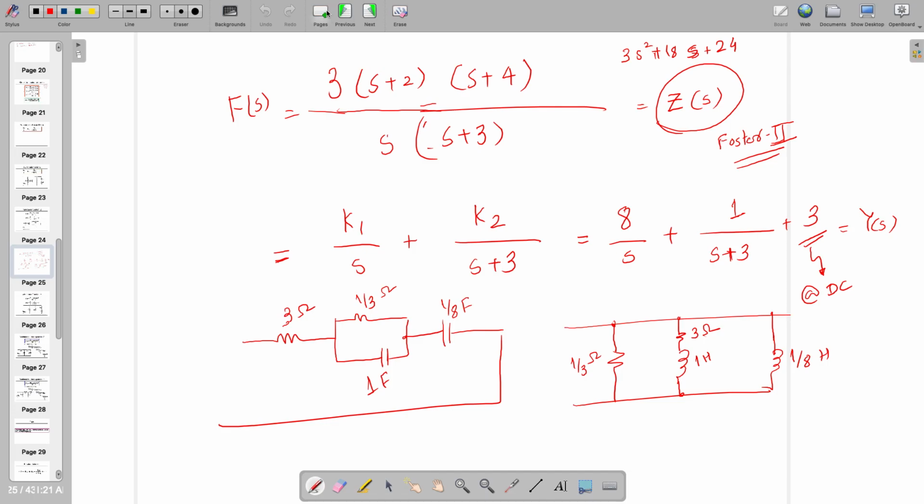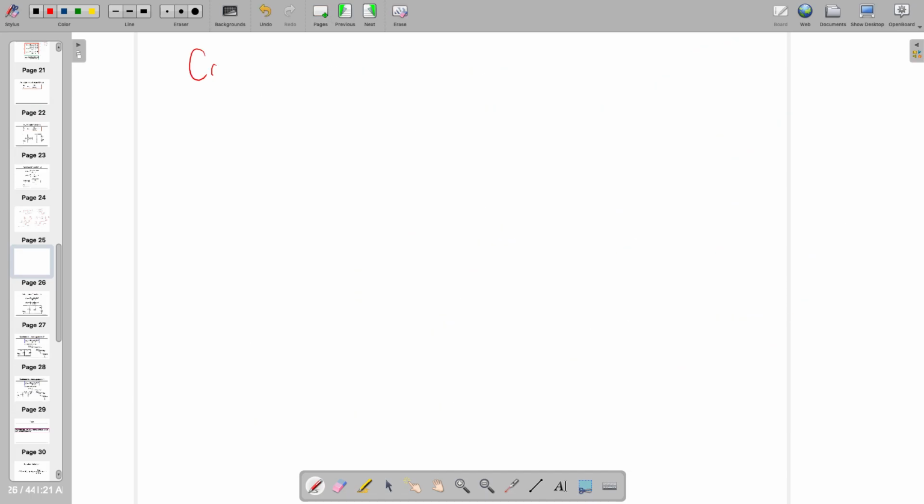However, we are interested in finding out two more things which are known as Cauer 1 and Cauer 2. As we know, Foster 1 is dealing with impedance, Foster 2 deals with admittance. However, Cauer 1 and Cauer 2 are not restricted to admittance or impedance. They use something called continued fraction expansion.